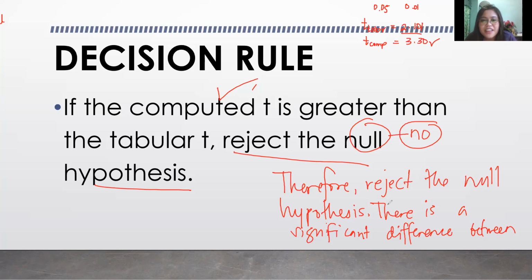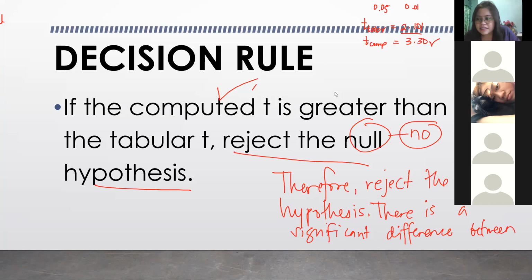There is a significant difference between the two methods of teaching in improving the performance of the trainees. So what it is saying is that there is a difference between the two methods, experiential or lecture, in terms of improving the performance of our trainees. Because we rejected our null hypothesis, since our computed t is greater than the tabular t.